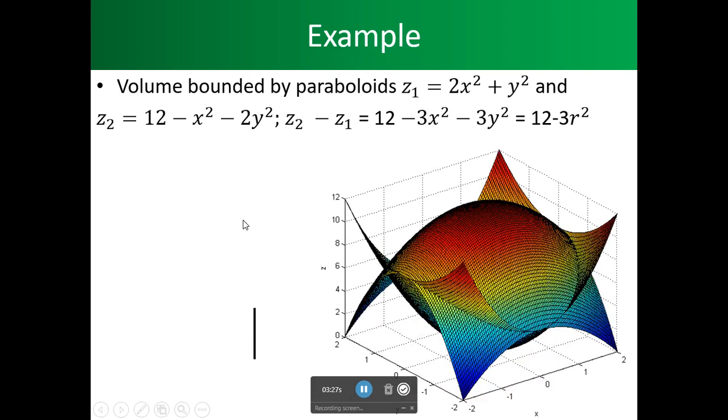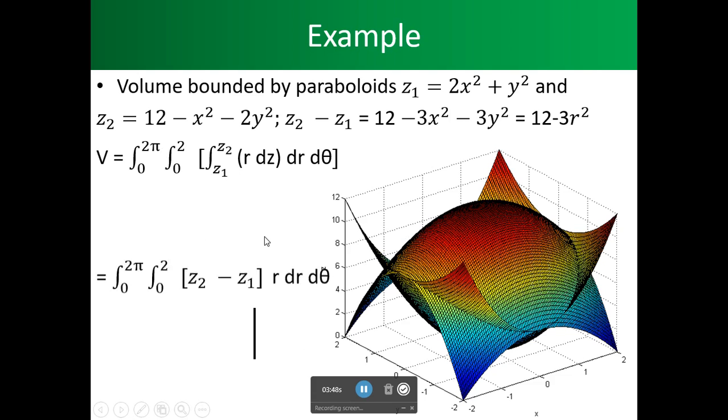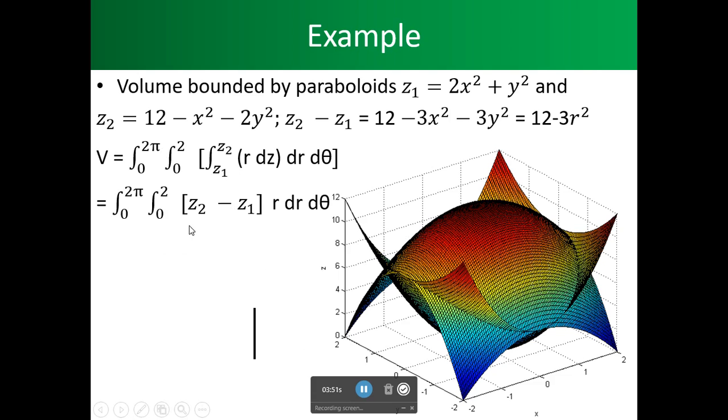Okay, so we looked at z1 minus z2, and now we could also look at z2 minus z1. You're saying, why am I interested in z2 minus z1? Okay, let's find out. We have this volume, we have our limits. All we do is plug them in. So this goes from z2 to z1 here for z.